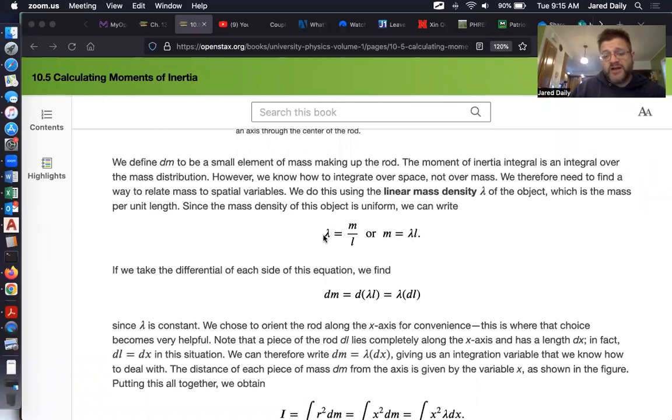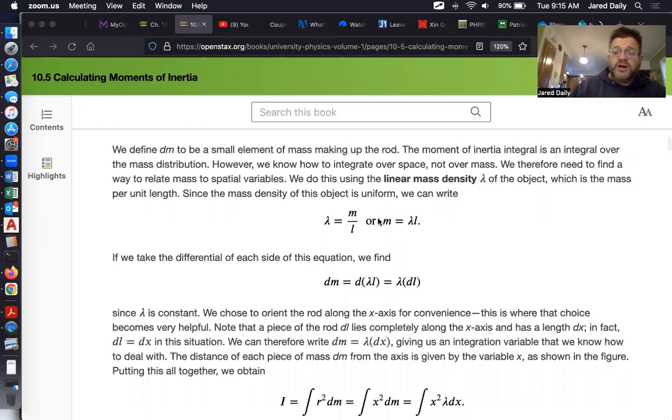So we can define our linear density as the total mass over the total length. And if we take a derivative of this M to get dm, then it's d of lambda L, because if you solve this for mass, you get this. So we're taking the derivative of lambda times L, right?